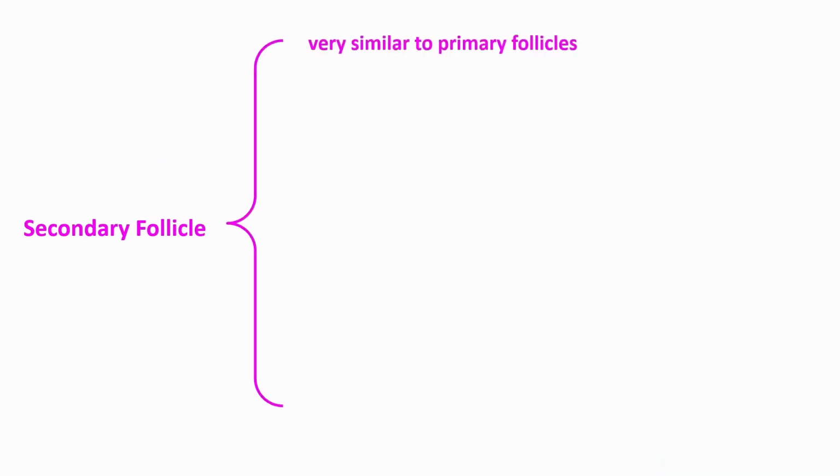Now let us collect some basic important facts about a secondary follicle. It is very similar to a primary follicle, meaning a large oocyte and multiple layers of granulosa. Then they are larger. Secondary follicles are larger than primary, and they start to have more follicular cells.